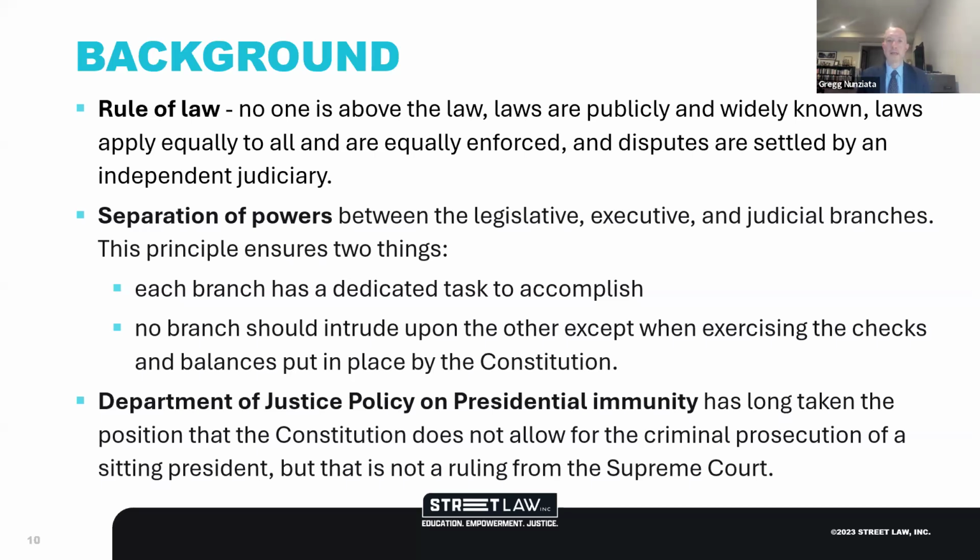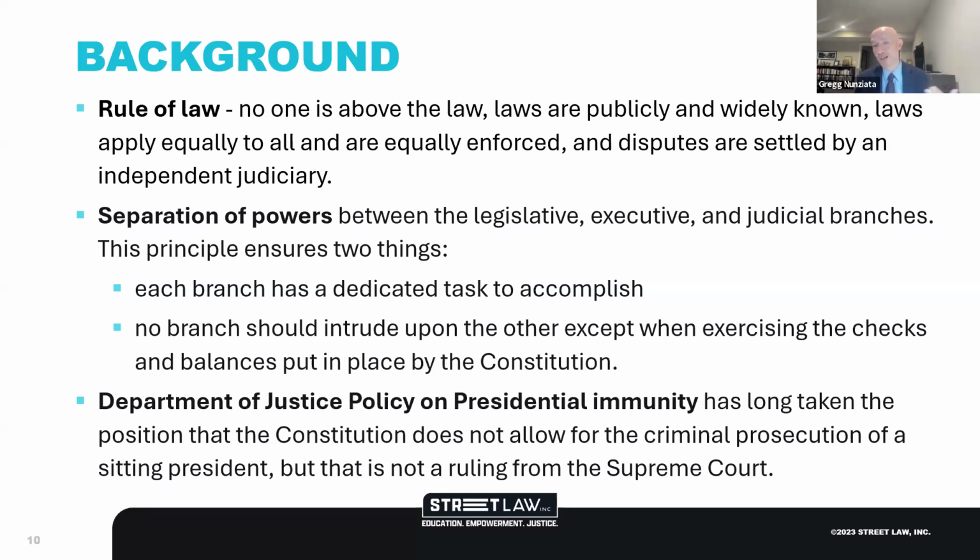The third note here brings us to, I guess, an entrance point to this concept of presidential immunity. Starting with the rule of law, no one is above the law. The second is this notion of separation of powers, that one branch can't unduly interfere with the operations of the other branch within its lane.